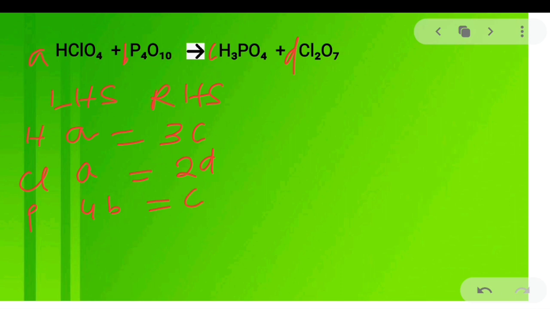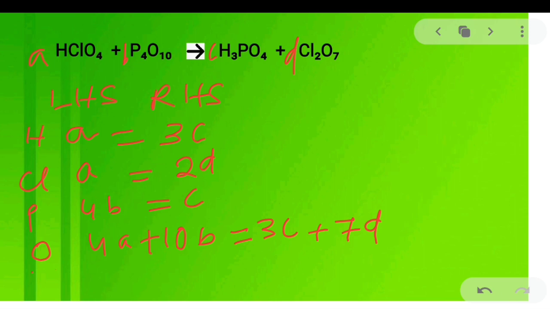Now, take the oxygen. For oxygen, it is 4A plus 10B is equal to 3C plus 7D. Hydrogen I have already written. So this is the expression I got for hydrogen, chlorine, phosphorus and oxygen.